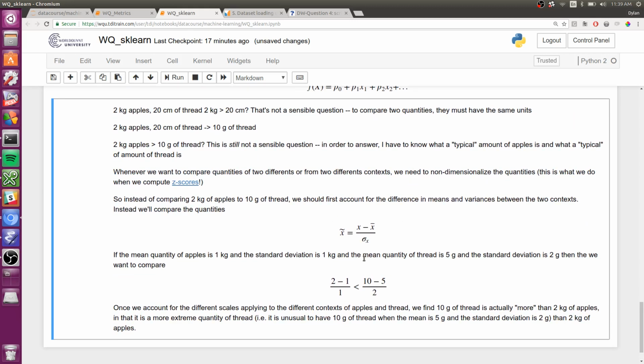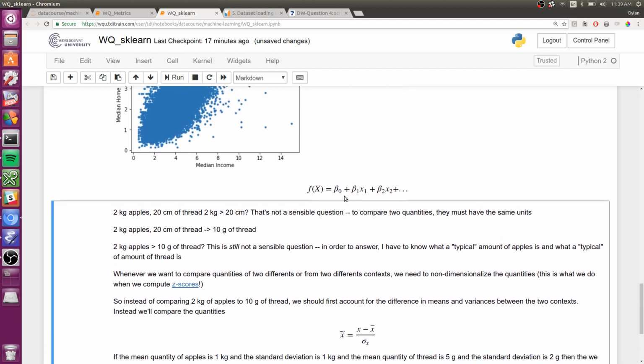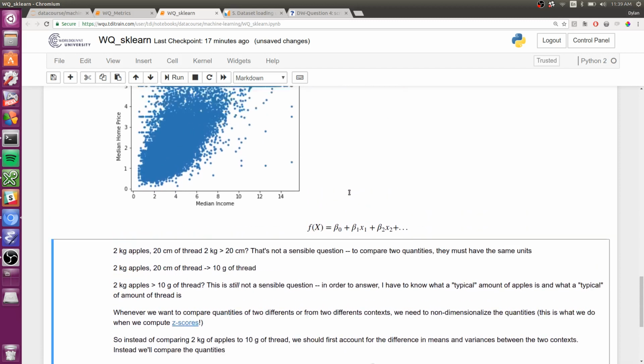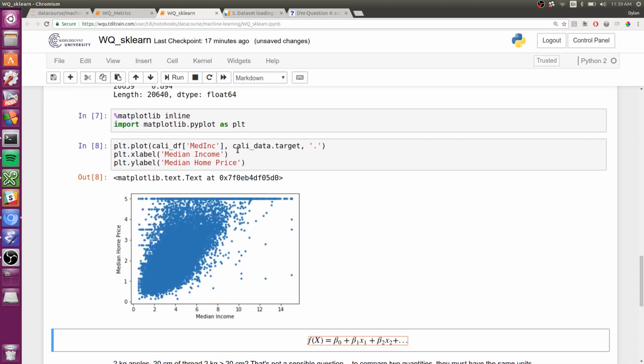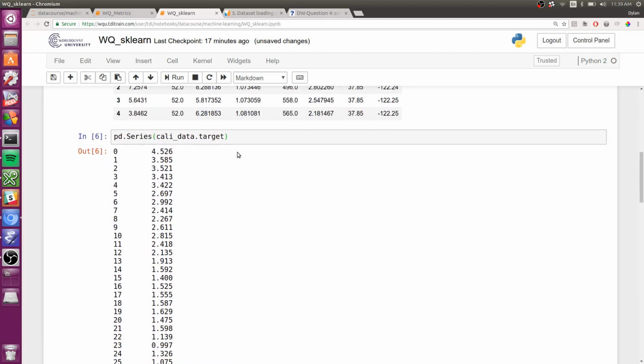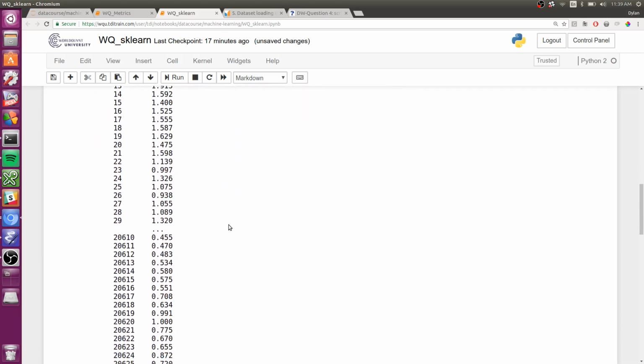So all of this is to motivate the idea that often when we do linear regression, we'll want to normalize the features in our feature matrix. We'll want to put them all on the same scale.